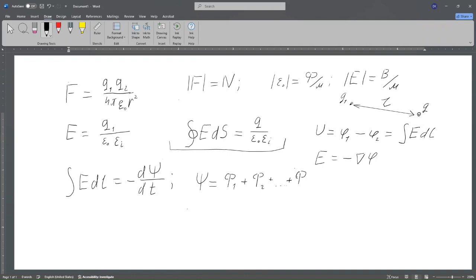Okay, and we have the linkage and the electrical point of Maxwell's second law in integral form.